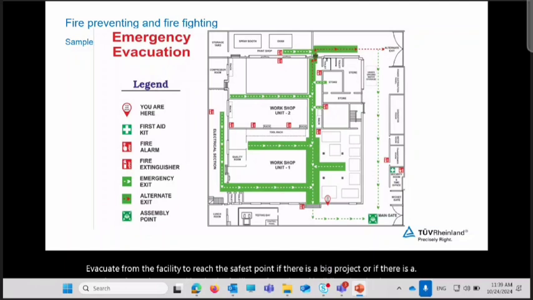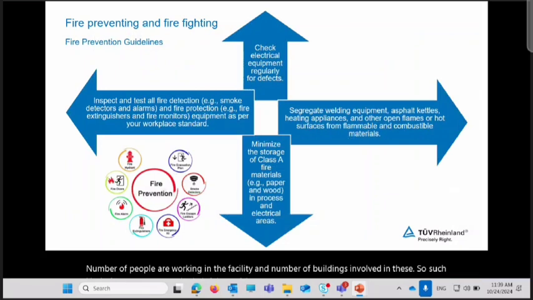Such arrangements can be helpful to safely respond. Prevention, as I told you, you must have fire doors, alarm detectors, emergency kits, fire extinguishers, smoke detectors, fire prevention alarms.